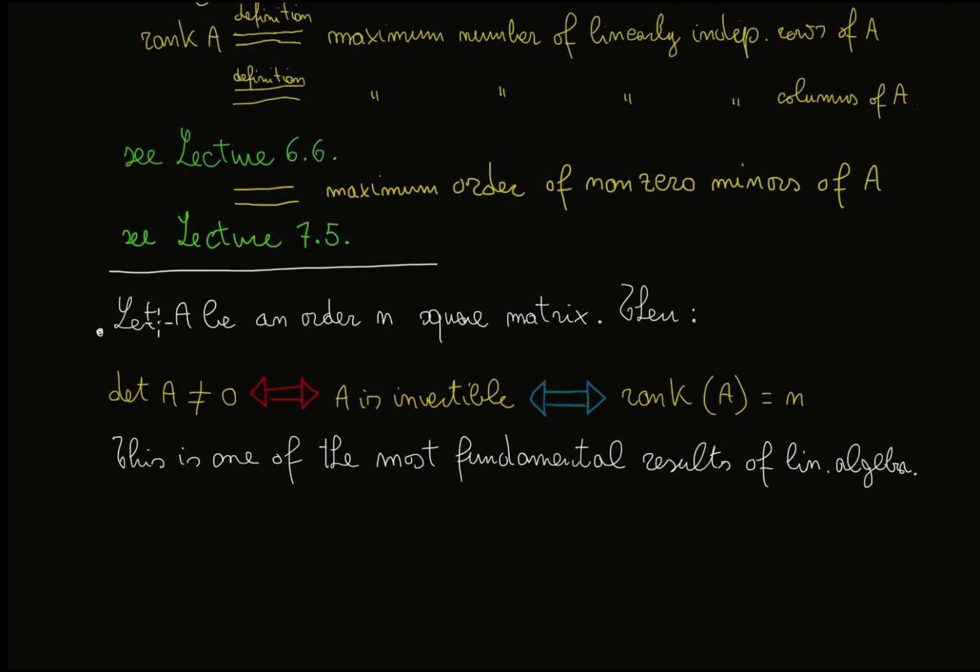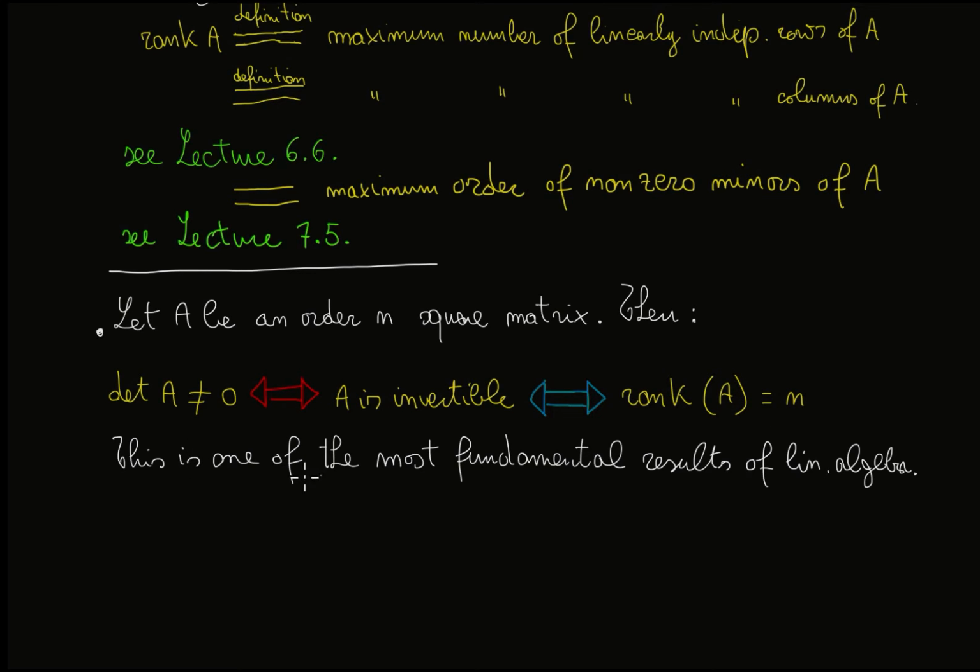Let's now assume that A is a square matrix of order n. Then we have the chain of these equivalences. Determinant of A different from 0 is the same as A being invertible, which in turn is the same as the rank of A being maximum, which means the rank of A equals n in this case.